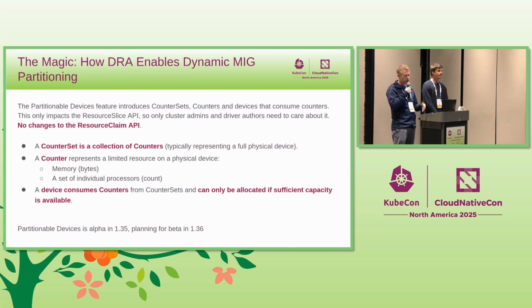And a device consumes counters from counter sets. And what makes this solve the problem we described earlier is that devices can only be allocated if sufficient capacity is available on the counters. The partitionable devices feature is alpha in 1.35, and we're planning for beta in 1.36.